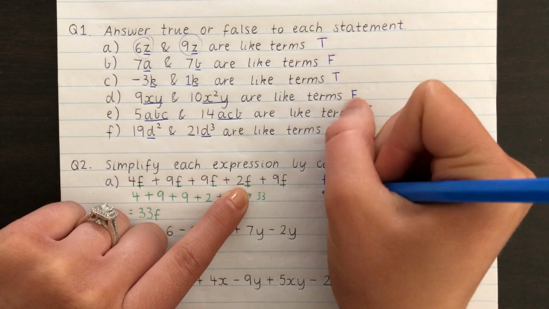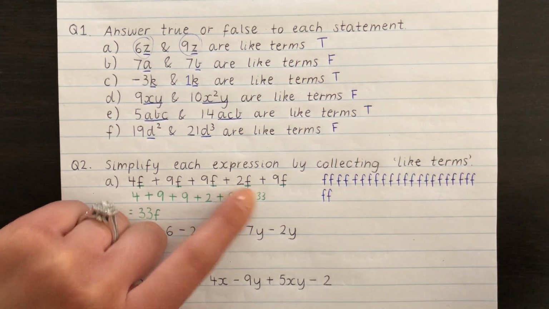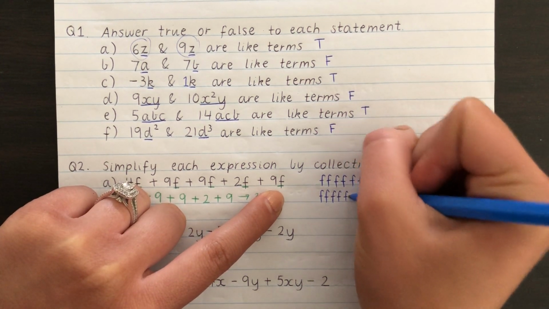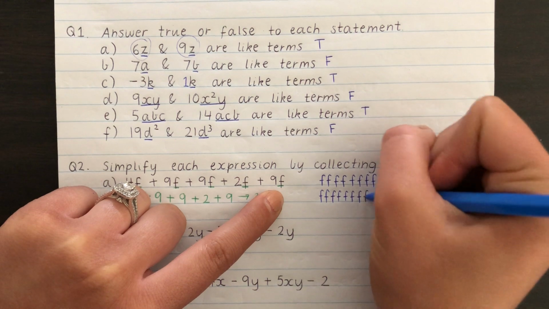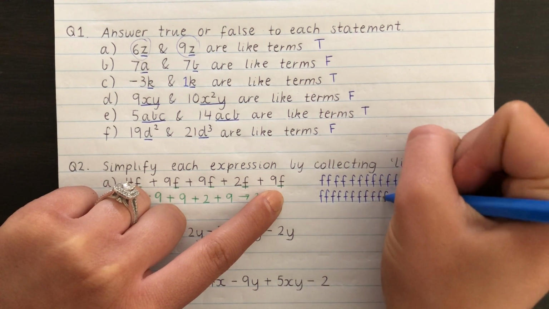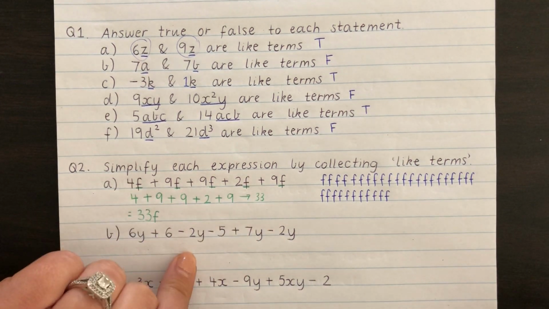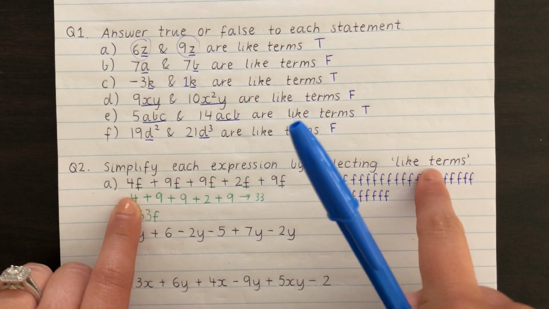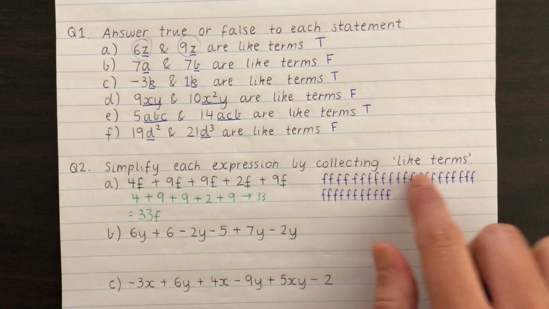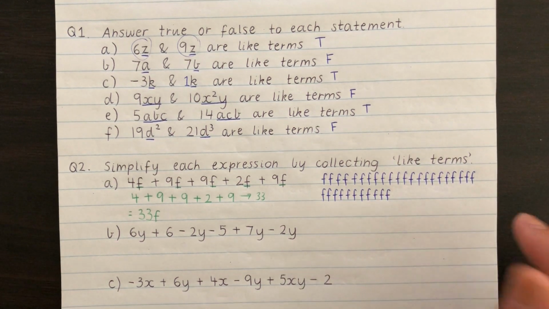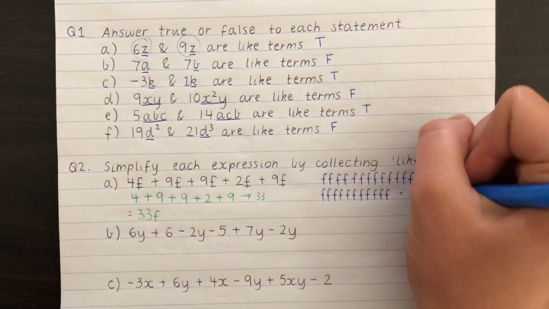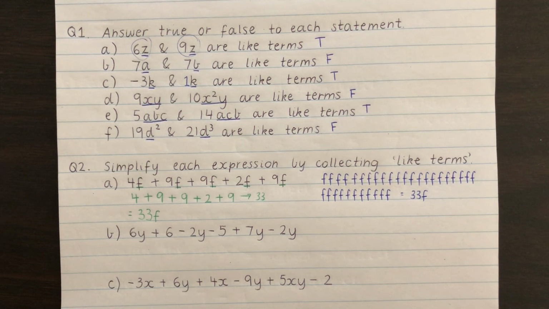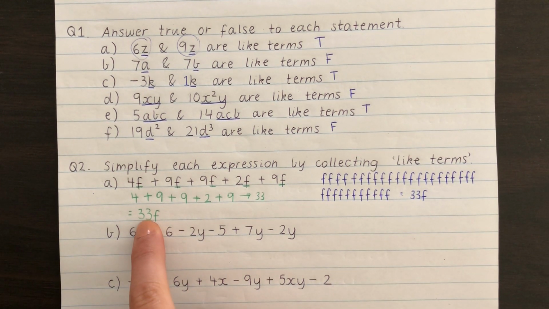Then we have 2 of them. 1, 2. Then we have 9 of them. 1, 2, 3, 4, 5, 6, 7, 8, 9. This question just means this. And if we went ahead and counted all of these Fs, we would get 33 of them. So the answer would be 33 Fs. Hence, how we get this as our answer.